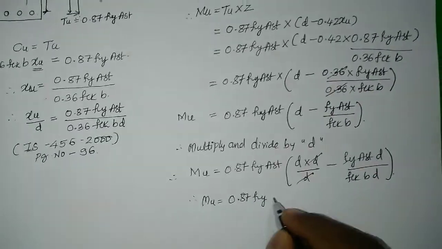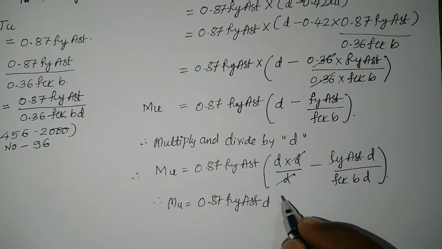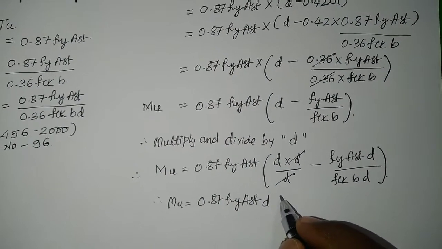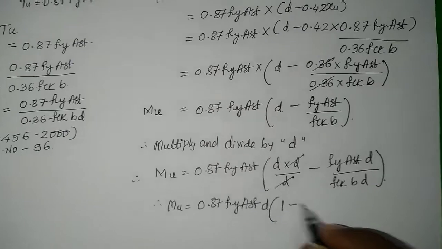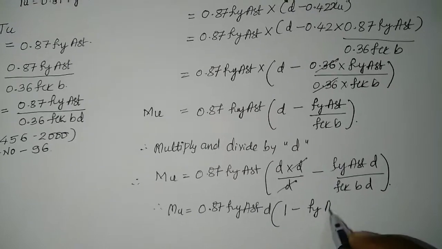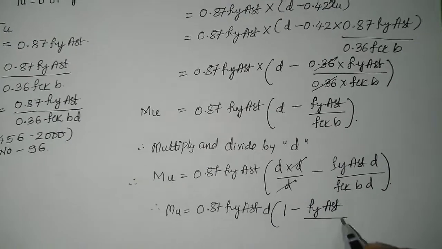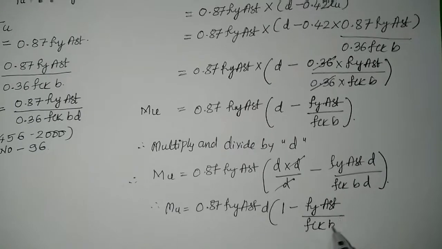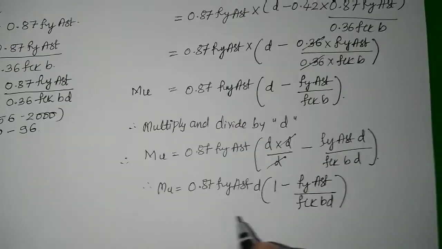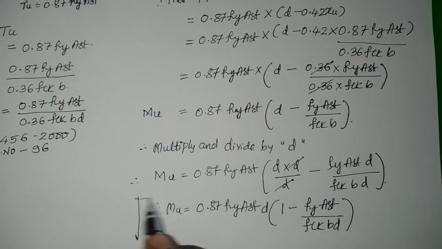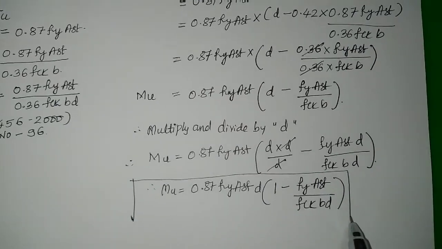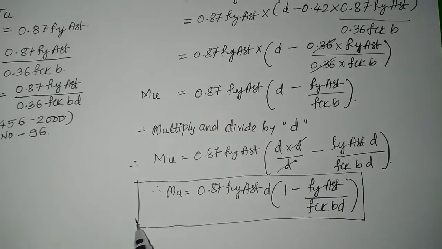Mu is equal to 0.87 fy Ast D into bracket 1 minus fy Ast divided by fck B D. This is the final equation for the moment of resistance of a singly reinforced beam.